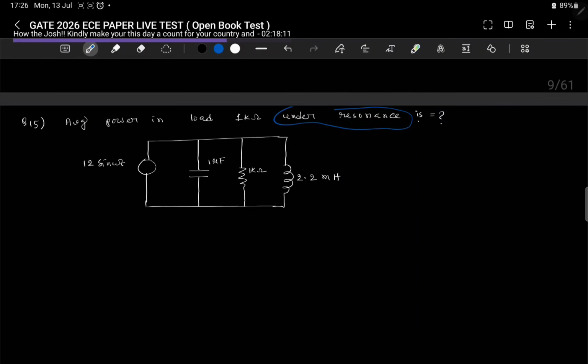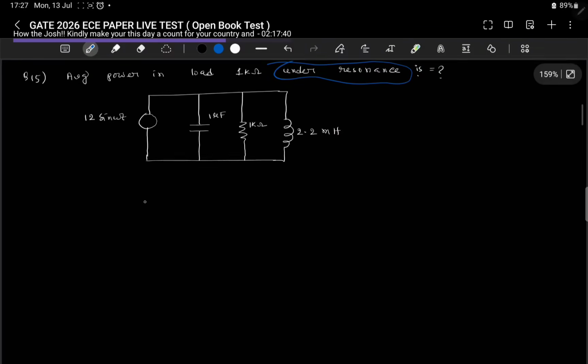So under resonance we can calculate the power through resistance only, because the full current will flow through resistance only, if I am not wrong. If I am wrong, please comment it down.